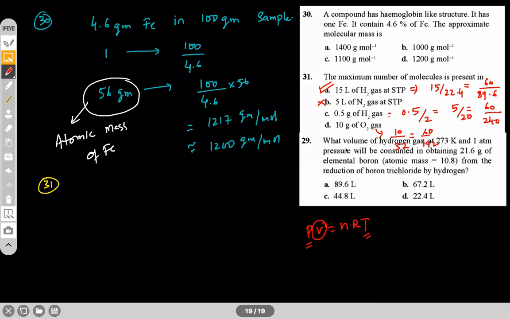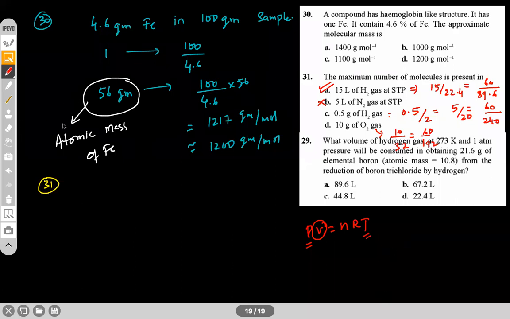Fine. Question 29. What volume of hydrogen gas at 273 Kelvin and 1 atmospheric pressure will be consumed in obtaining this gram of elemental boron? What is the reaction here? Could you tell me what is the formula of boron trichloride? BCl3.